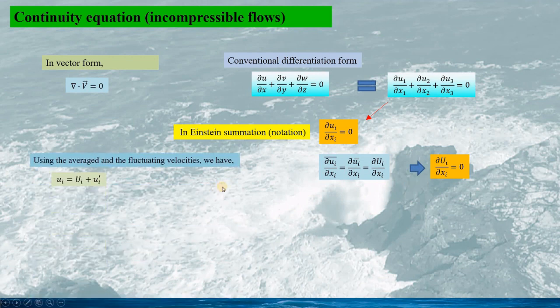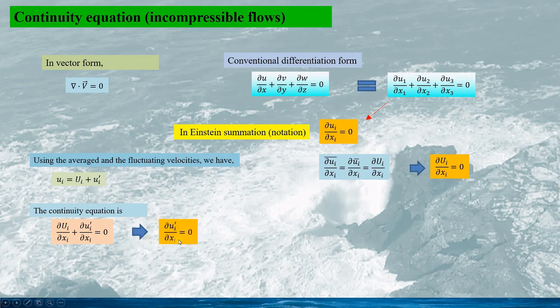Now we use the average and the fluctuating velocities: Ui equals capital Ui plus u prime i. So the continuity equation would be in this form, considering the continuity equation for the mean velocity.